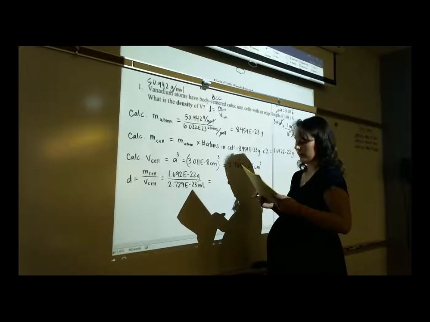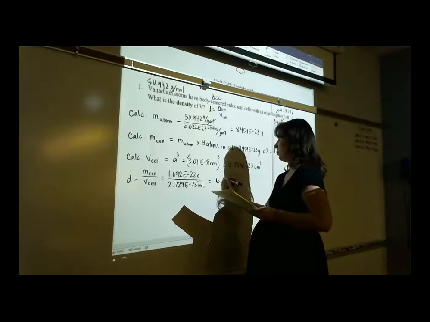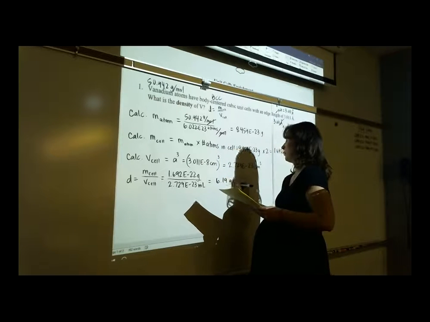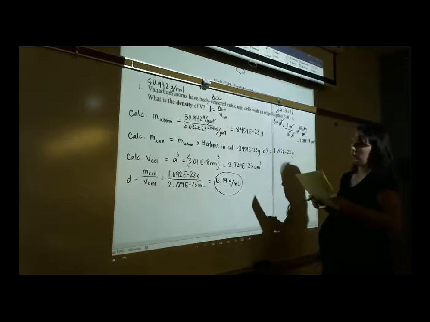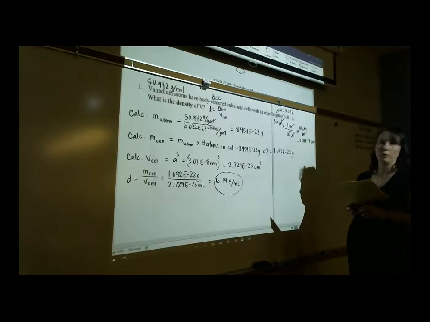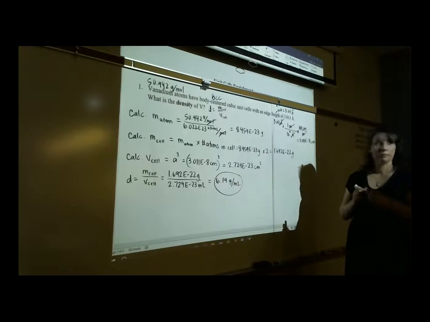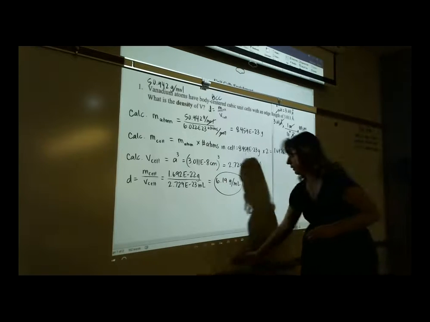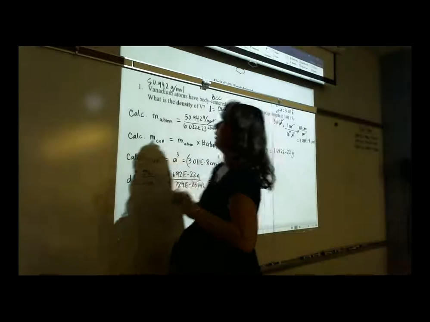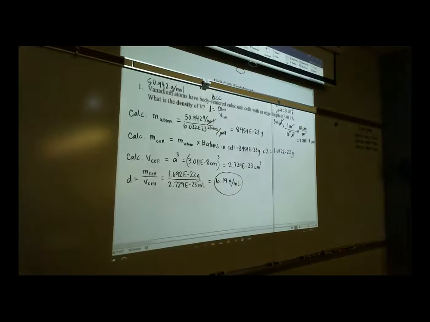Okay, I got 6.19 grams per mL. What did you come up with? Something similar? I hope. Questions on how we did number 1? All right, let's look at number 2. Go ahead and move it up, and then I'll erase.